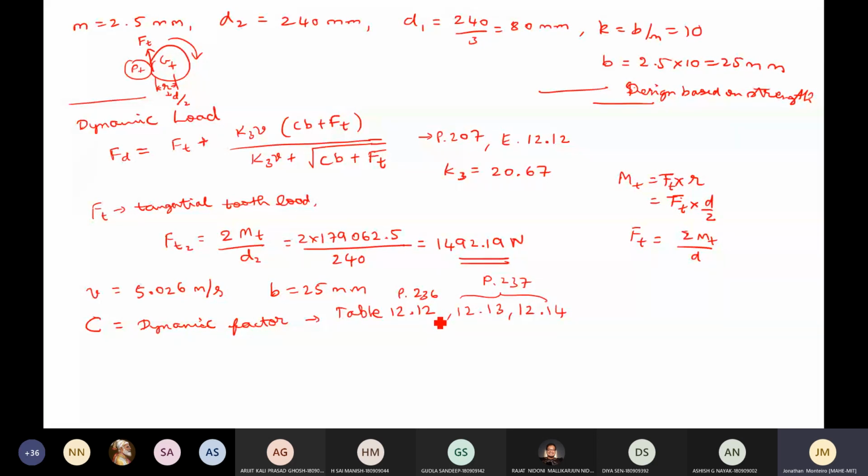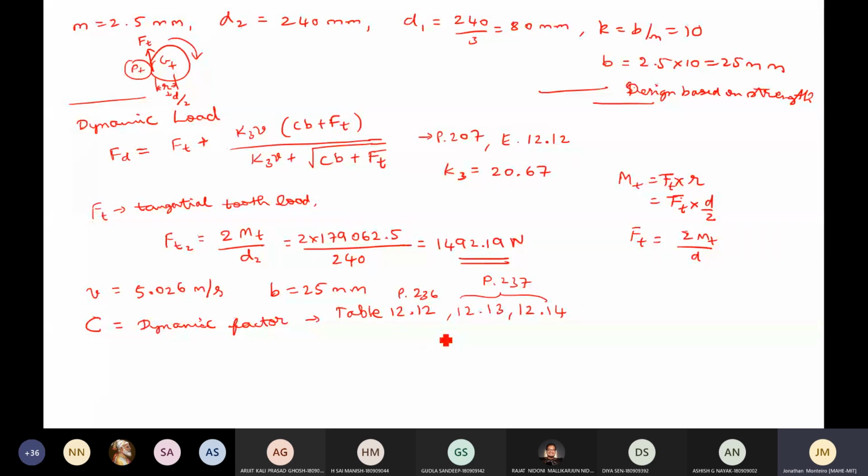Okay, if you just look at that, it's all related to each other. So what do we find? In 12.12, based on error and material and the form of tooth, they are giving you some values of C. But in order to do that, you have to find out for the given module what should be the error using 12.13 and what should be the maximum allowable or permissible error according to 12.14.